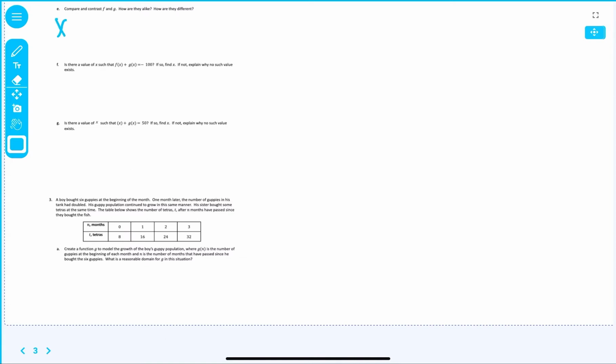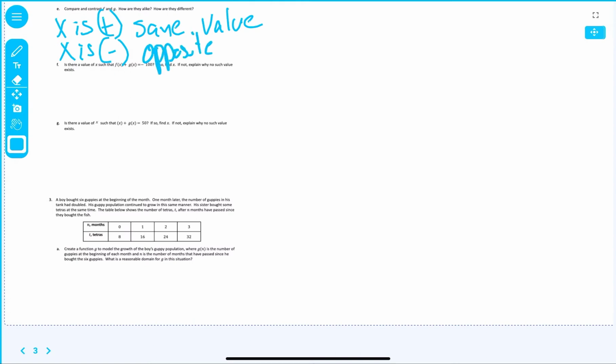When x is positive, they're the same value. But when x is negative, what are they? So they're the opposites, right? Opposite values.